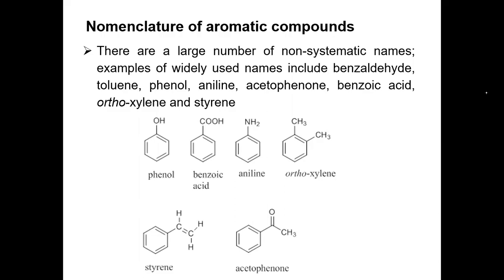It is very easy for you to say acetophenone, aspirin, probably those names, because the systematic name of aspirin is not really that. Even the systematic name of paracetamol is not paracetamol, it's a different name, right? So usually we prefer using the non-systematic name. It makes you familiar with your stuff. So that is what we are seeing here, that usually we use the common names, right?